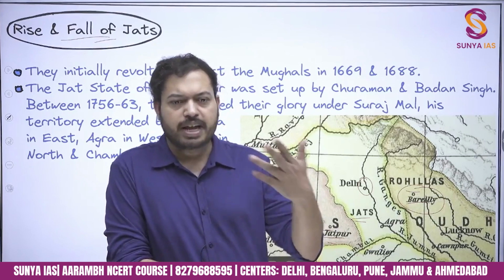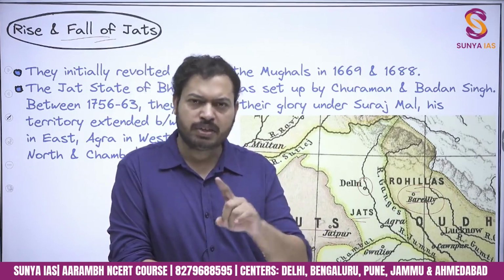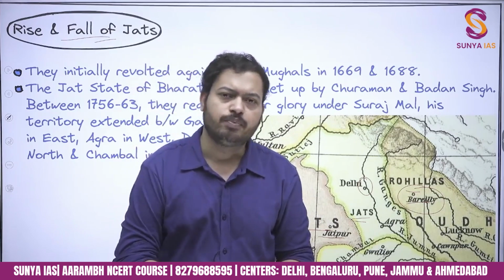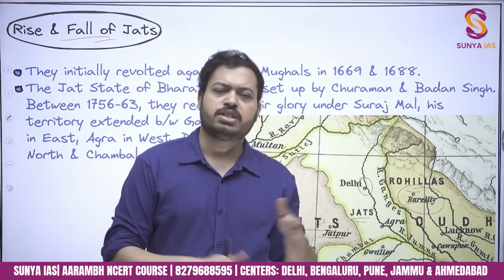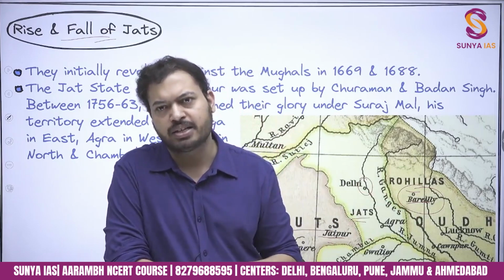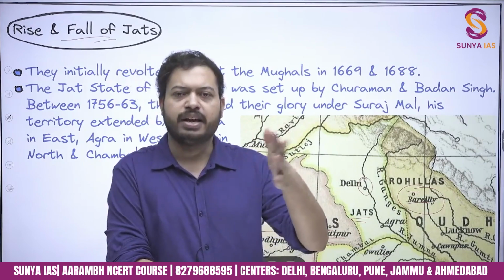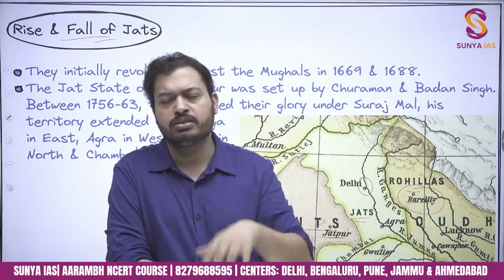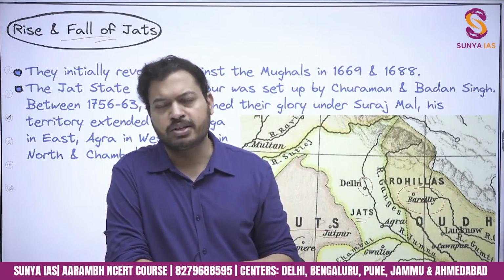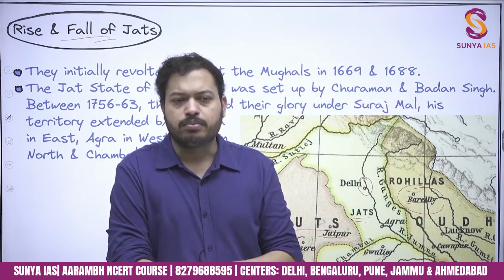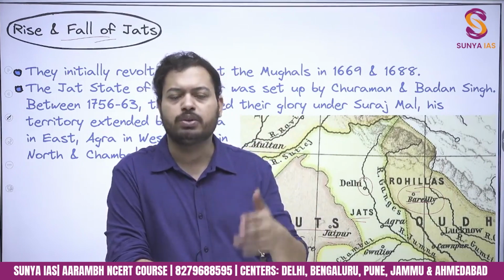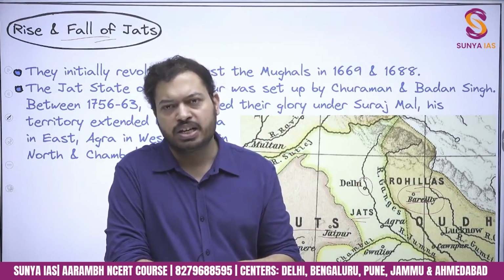So these were the times. 1669 was one because that was a drought year, but 1688 was basically with the increasing expenses of controlling the Deccan. Okay, because the war had started there, and 1688 was the year in which the war against the Marathas was in the final phase for Aurangzeb. So in that time, the revenue demand was more. That also led to the uprising of the Jats against the Mughals.